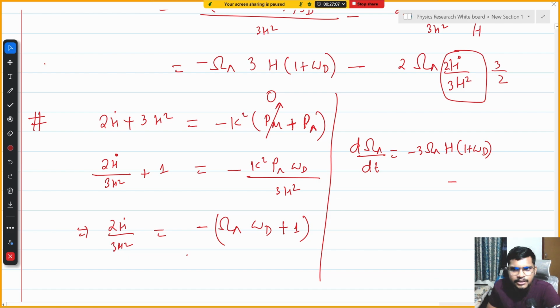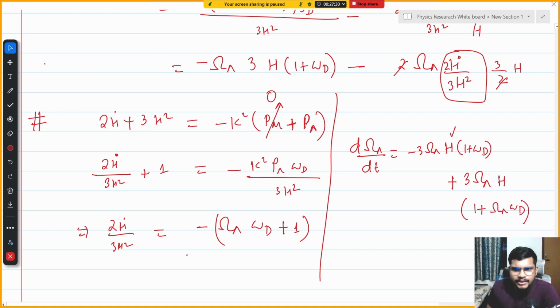It has to be some h square over here, so I have to multiply over this one. Then if I am doing this, am I not making any mistakes? So this would be 3 omega lambda h, 2 s dot over 3h square, would be minus minus plus, and I will get 1 plus omega lambda omega t, right?